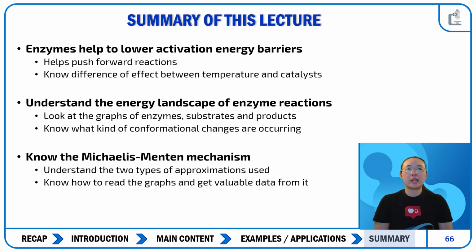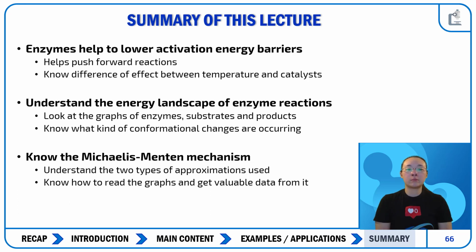So what did we learn today? We learned that enzymes help to lower activation energy barriers. It helps push forward reactions, and it allows us to know the difference of effect between temperature and catalysis. We learned to understand the energy landscape of enzyme reactions, so definitely look at the graphs of enzymes, substrates, and products to see how those graphs work and why they're like that. And definitely know what types of conformational changes are occurring in each of the 4 steps.